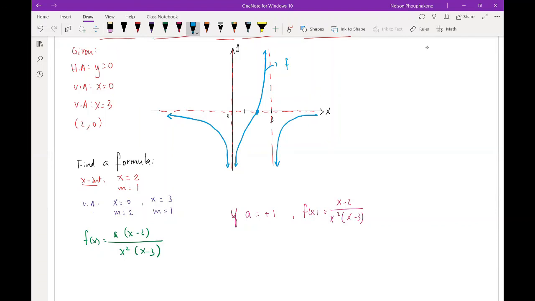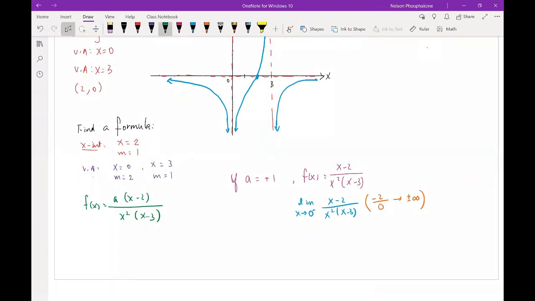Remember, a could be positive or negative 1. Then I have x approaching 0 from the left-hand side of x minus 2 over x squared times x minus 3. If I evaluate, I have negative 2 over 0. So again the answer could be positive or negative infinity. This is exactly what we are looking for.